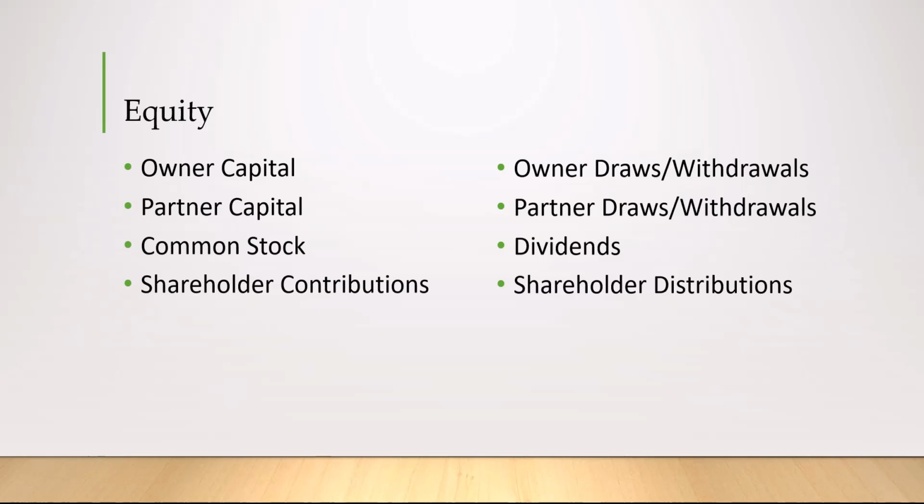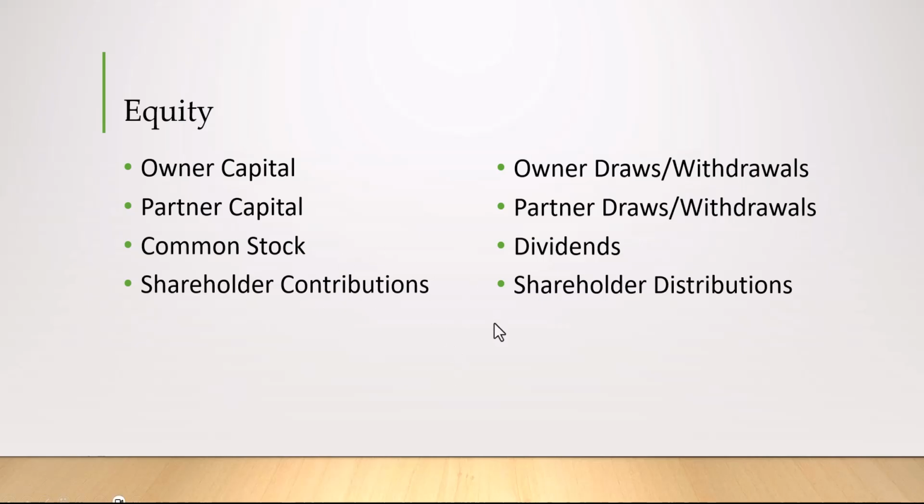And then you might also issue dividends if it's a corporation, or you might call it shareholder distributions, especially if it's just a one owner, one shareholder business. It might be called shareholder distributions, or at least that's what I've seen. So these are some types of accounts you might see for equity.